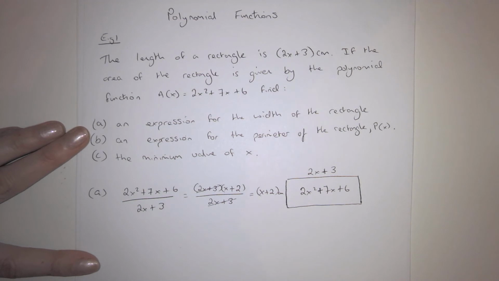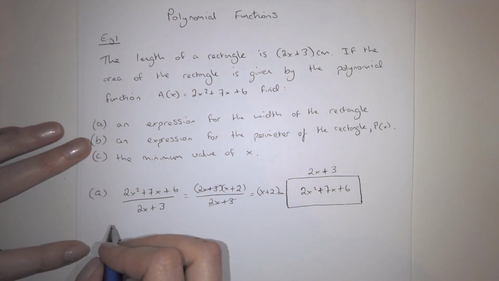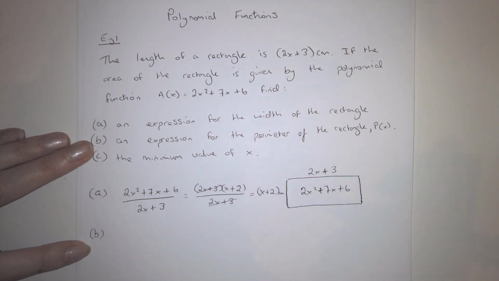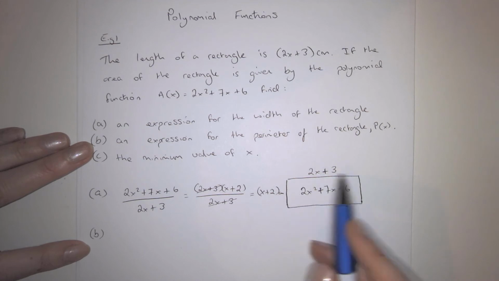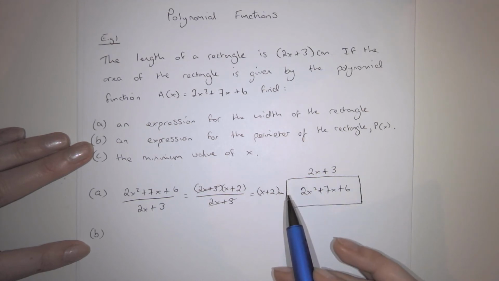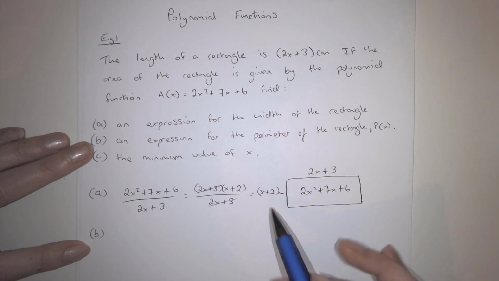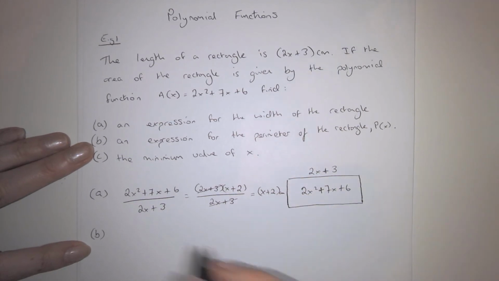So that's my width. Okay, so part B then, we're looking for an expression for the perimeter. So again, try and think of it in terms of numbers. If I had just one with numbers, how would I get the perimeter? It's adding all the sides around. So now that I have the width, that's pretty okay.